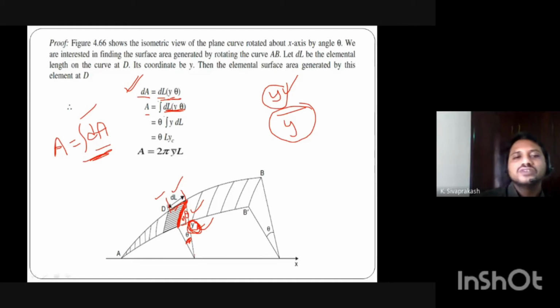Out of this value, theta is a constant, so move it out of the function. Write the theta outside, and the integration of y into dl. Okay, this is the integration y into dl.